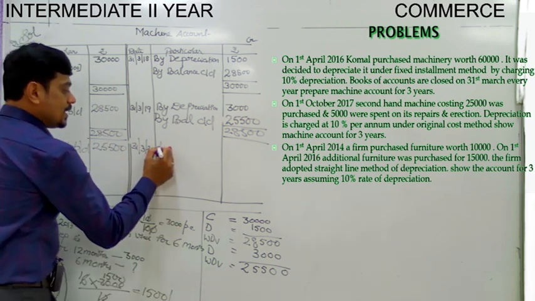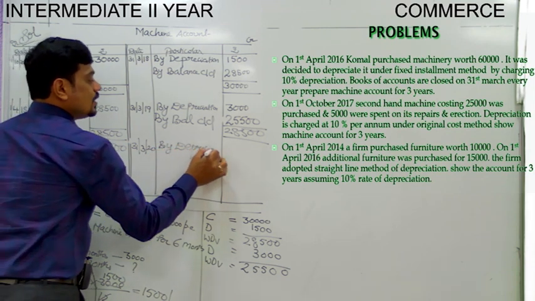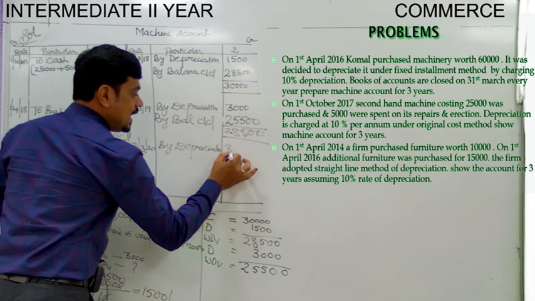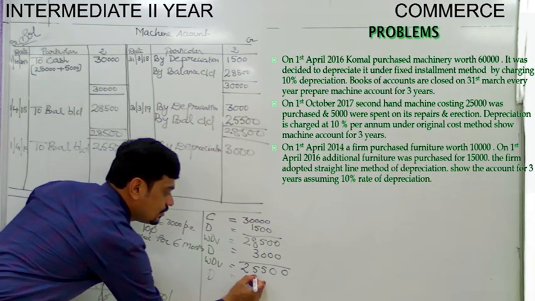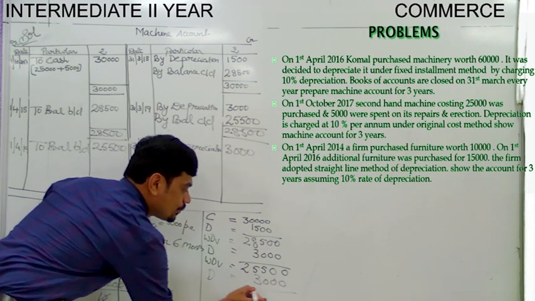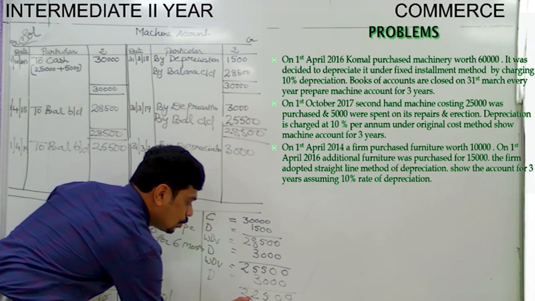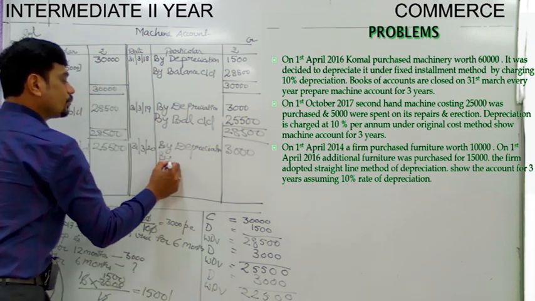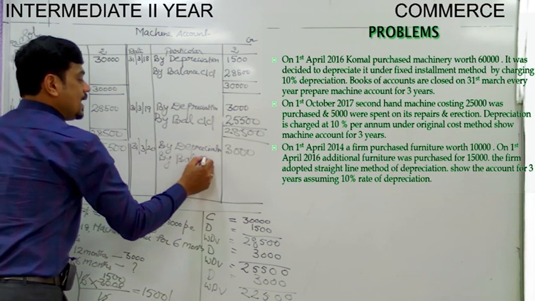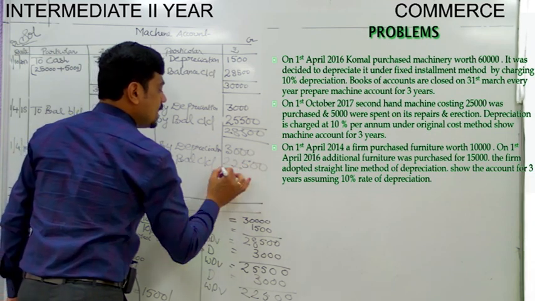Again, 31st March 2020, the pandemic year. So by depreciation, how much is depreciation again? 3,000. So I'll charge 3,000 depreciation here also. If I subtract, 5 minus 3 is 2, and 2. This is again my written down value. So by balance carried down, 22,500.